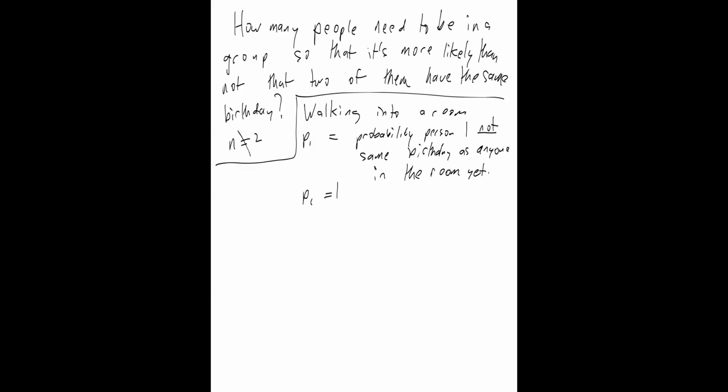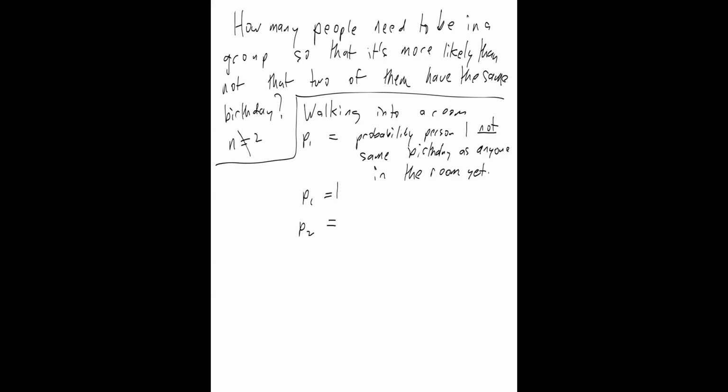Now we're going to just extend this definition. We're going to say that P2 is the probability person 2 does not have the same birthday as anybody in the room yet. How many people are in the room at that point, though, when person 2 walks into the room? Only person 1, right?